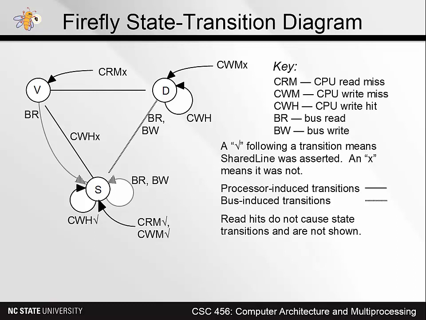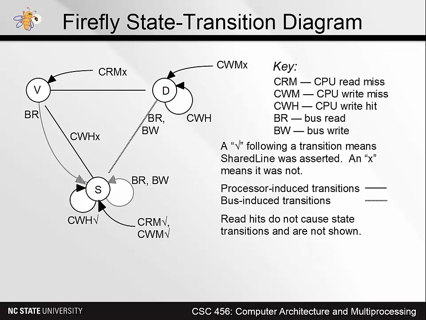If it is, the block stays in state S and the change is written through. If it's not, the change is written through and the block transitions to state V since it's not being shared any longer. If there's a CPU read hit, the block stays in whatever state it is already in, just like in the Dragon protocol.